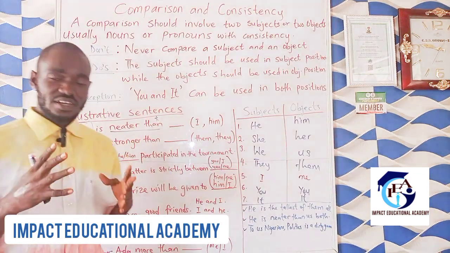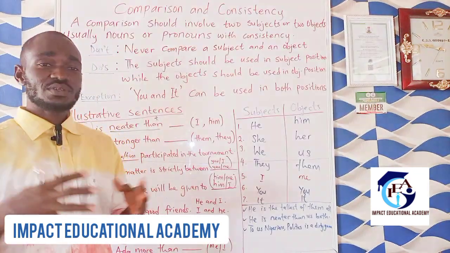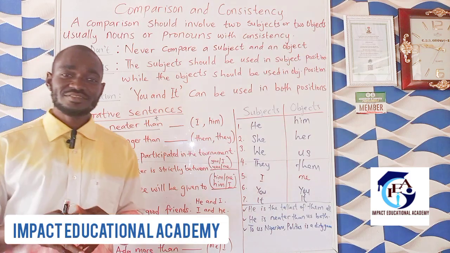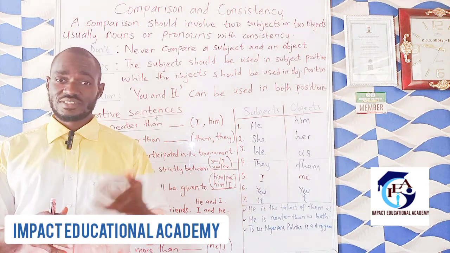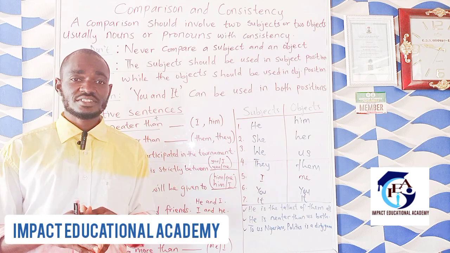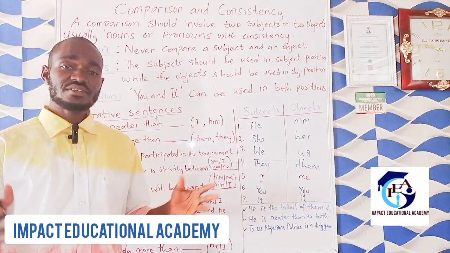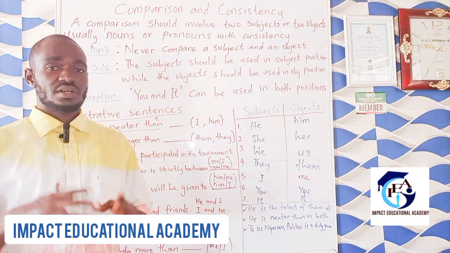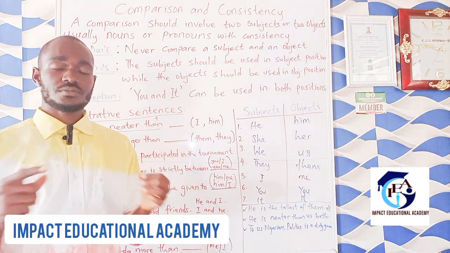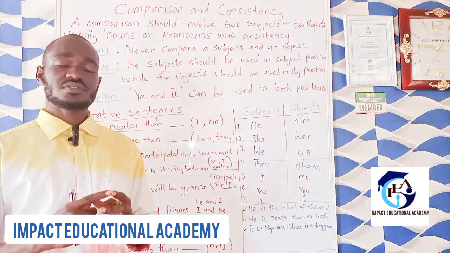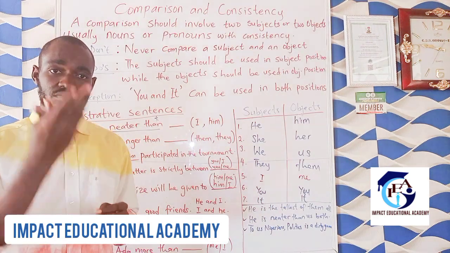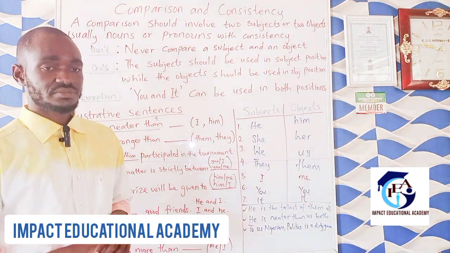This time around, we're going to be looking at comparison and consistency in the English language. Comparison: we tend to compare two nouns or two pronouns while we are communicating or while we are writing.